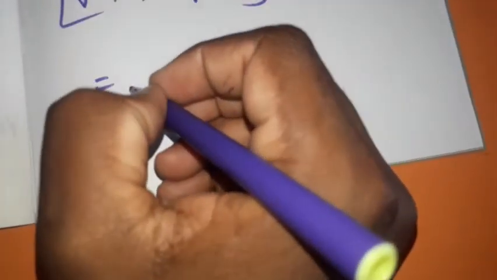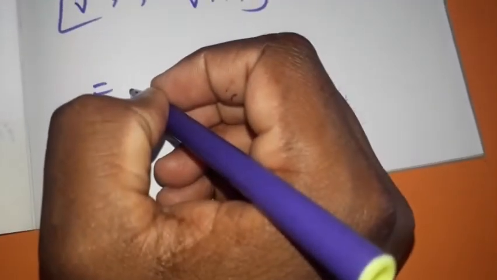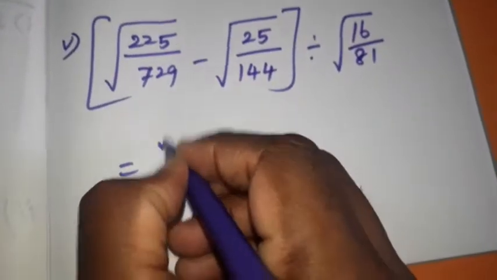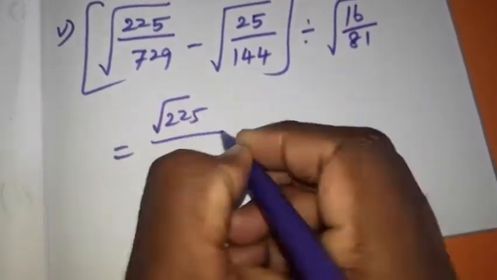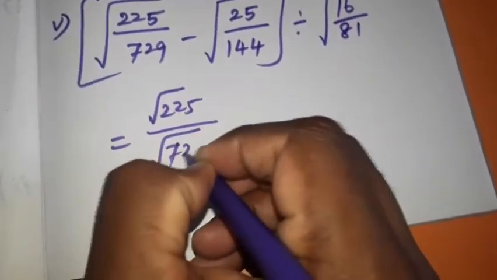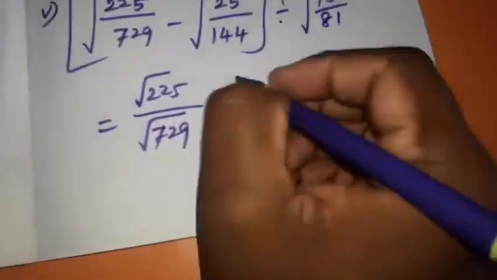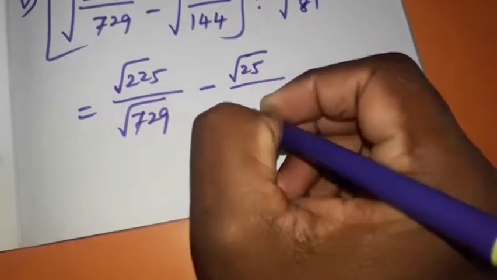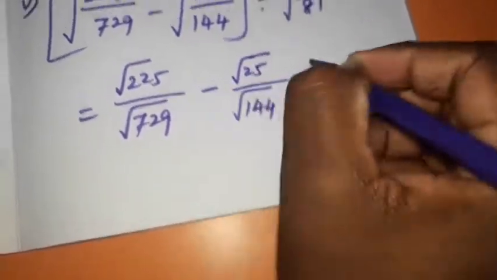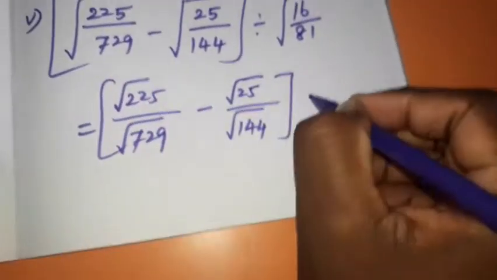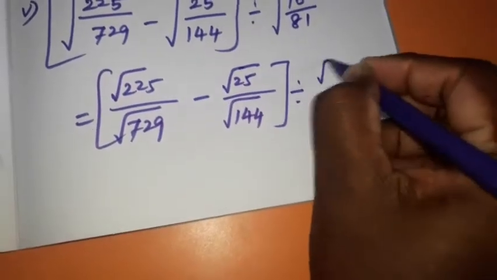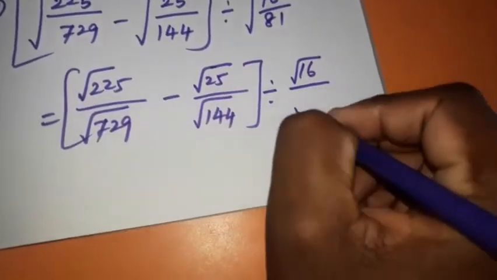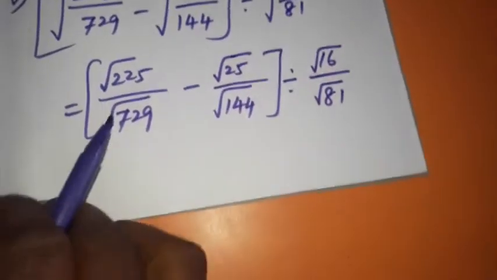Take root 225 by 729 separately as root 225 by root 729, minus root 25 by root 144, whole divided by root 16 by root 81.